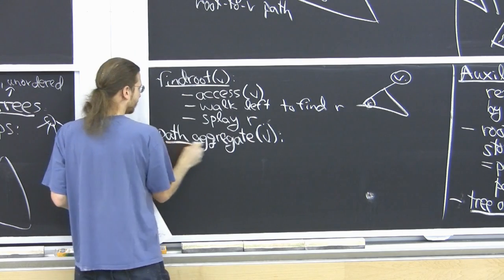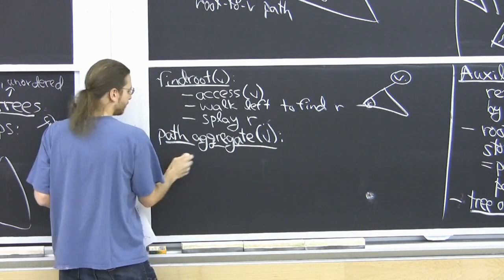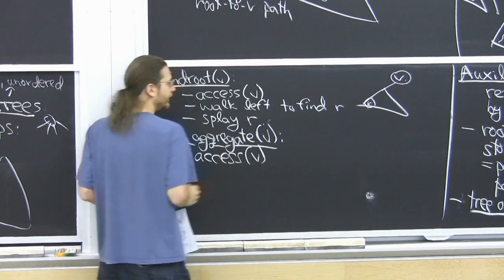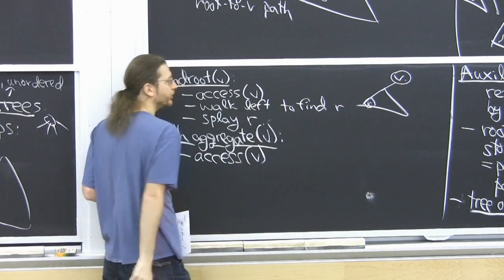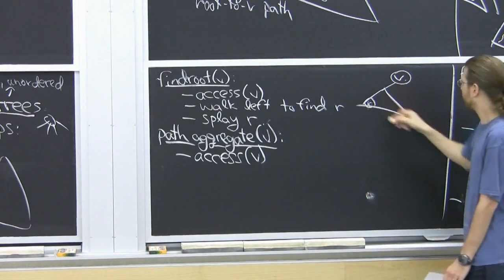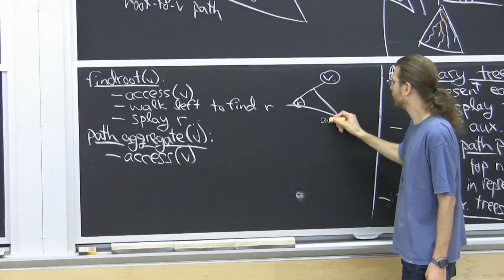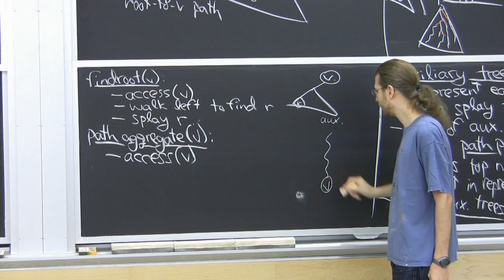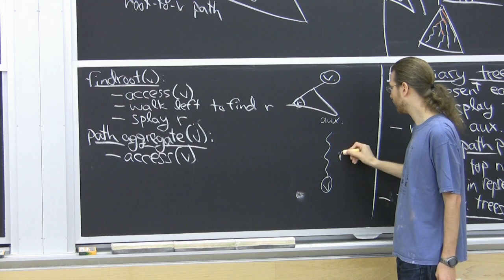Path aggregate's basically the same, actually even easier. First thing we do, like all of our operations, is access v. So we get that picture. So remember what this corresponds to. This is an aux tree that represents a path ending in v. So this is in the represented tree.